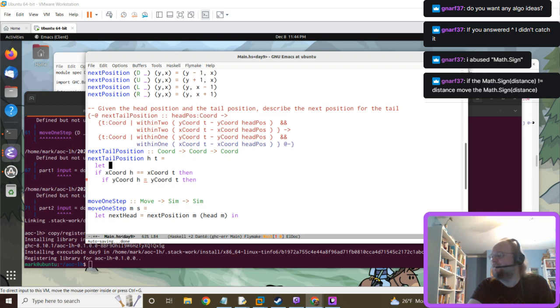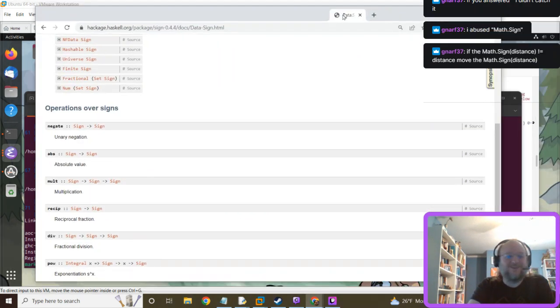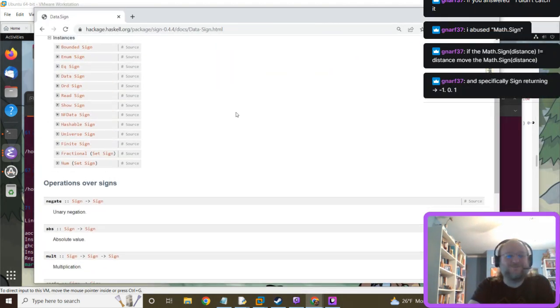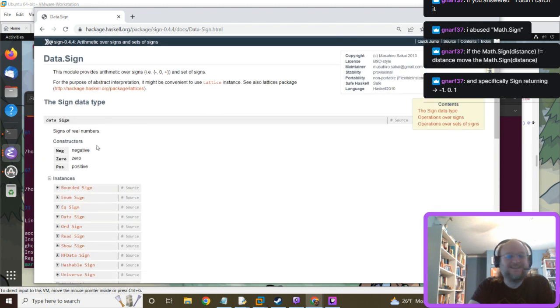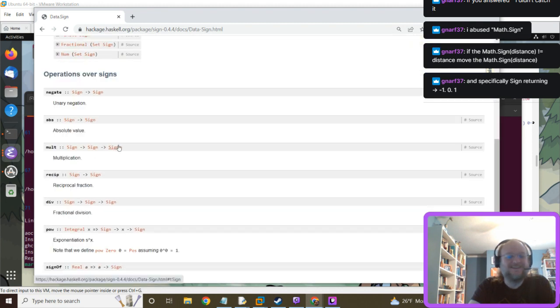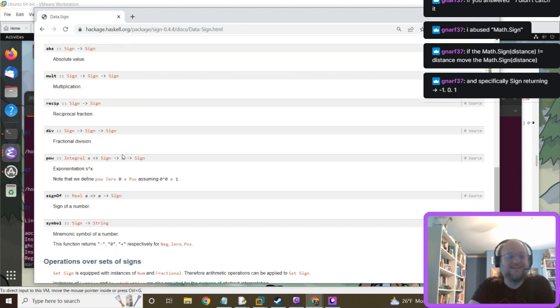But that's not what I want. I'm kind of confused. What is the point of this package? Well, at least 0 to the power 0 is 1.